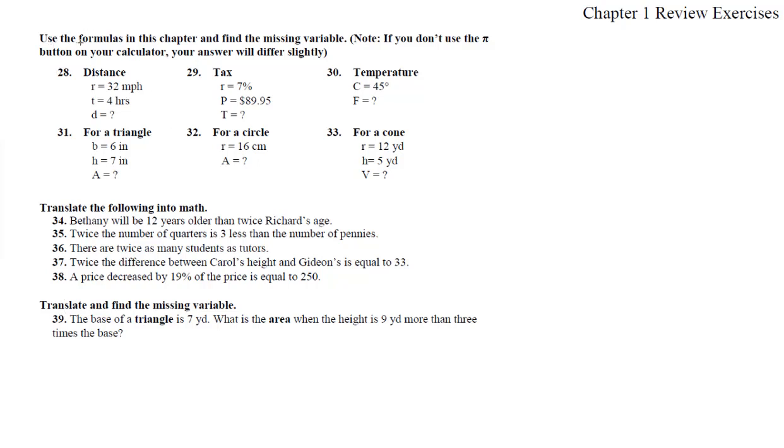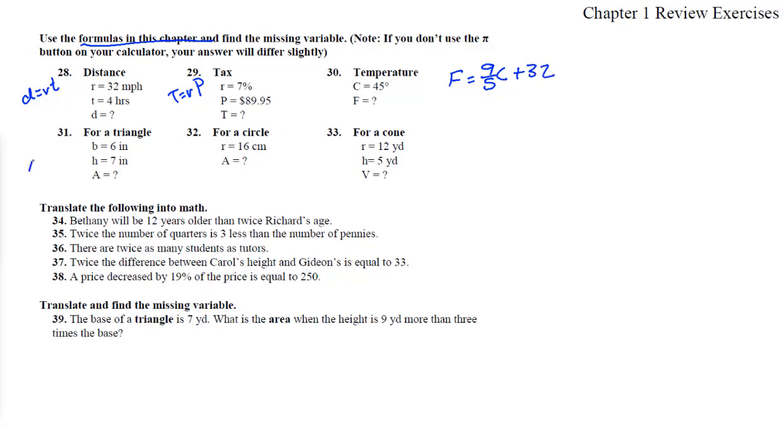Number 28, it says use the formulas in this chapter. So we're going to look in our book and get the formula for this one. Distance equals rate times time. Tax is going to be the rate times the original price. Temperature, F equals 9/5 C plus 32.